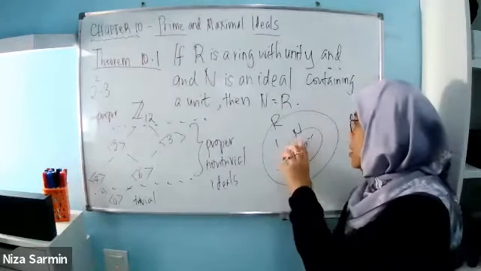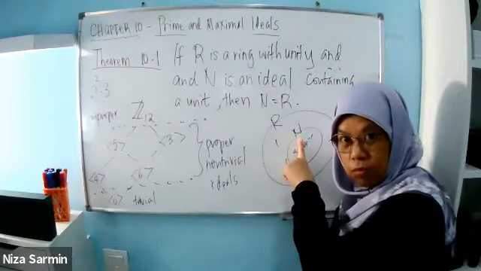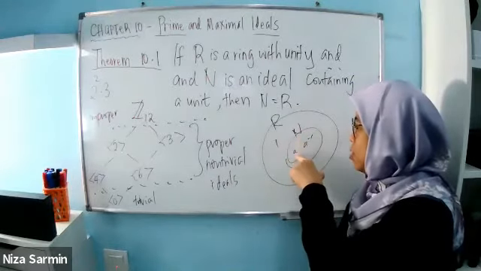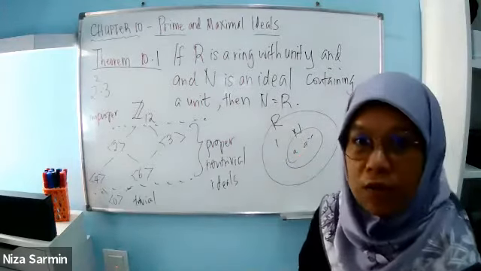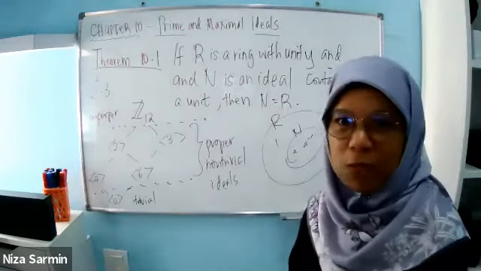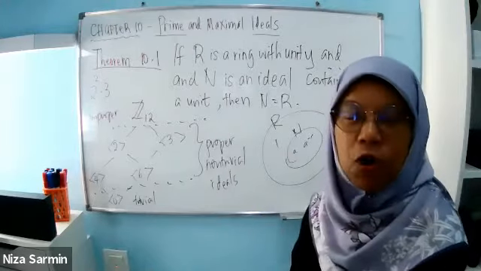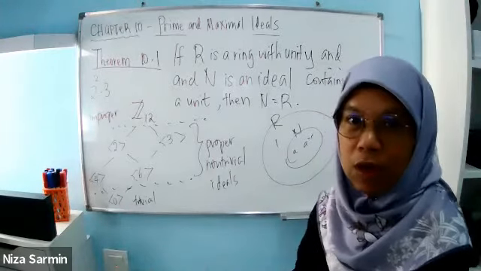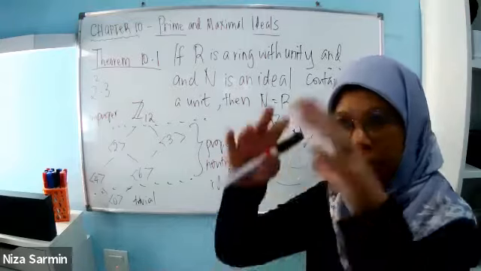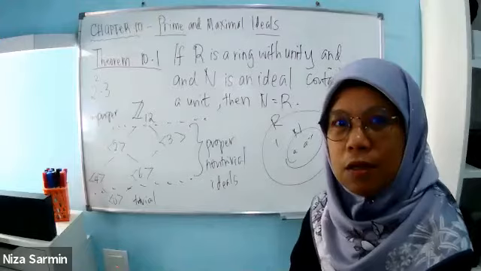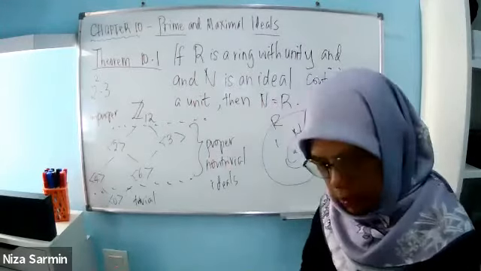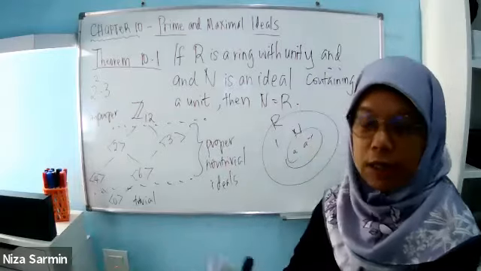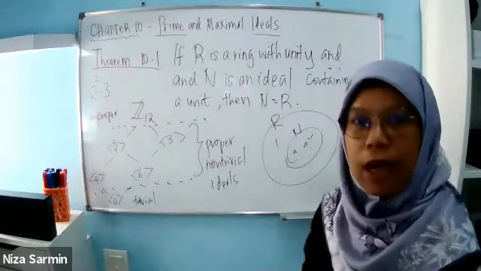This means you cannot have an additive subgroup that contains elements with inverses if it is not the whole ring. You cannot have just a proper subgroup. Meaning if you have a big one, R, and you're given a subset that has a unit inside, it has to be the whole thing. So this is what this theorem means. If you go and see the proof, okay, let N be an ideal.